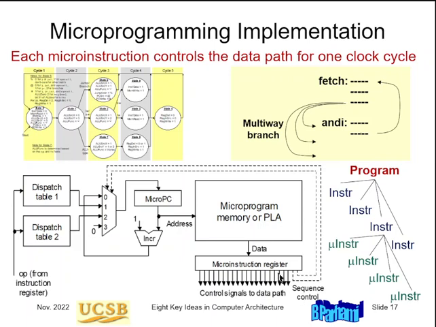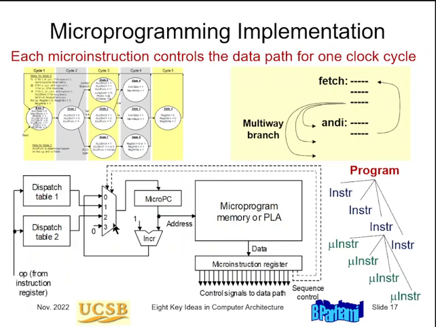That micro instruction controls the data path for one cycle according to the values of these bits. In this particular example, there are 2 bits in the micro instruction that tell the microprogram unit what to do next. So after this micro instruction is completed, what happens next?